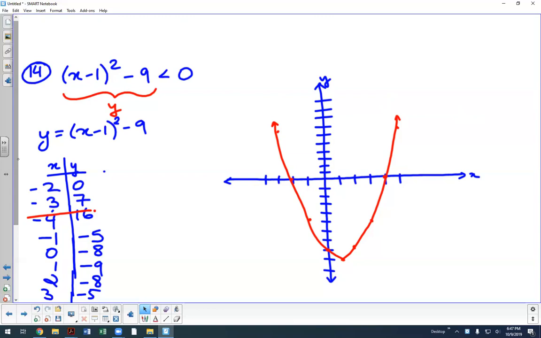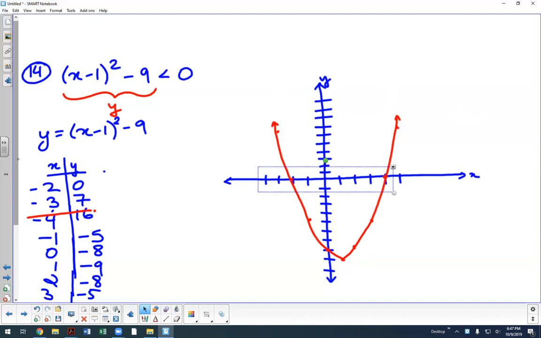Now at -2 and at 4 itself, what is my y value? 0. It's 0, and you can use your table to verify that. Now once I cross -2 and 4, what happens to my y values on this side? Or they just disappear. Or they just can't be in the equation. It cannot be part of our answer, right? Because my y values are positive.